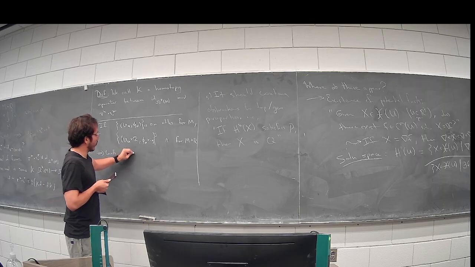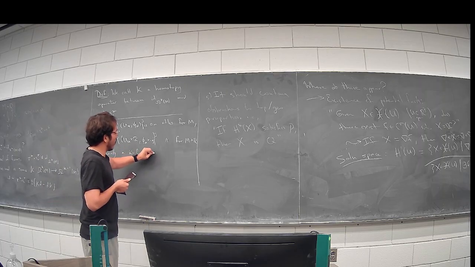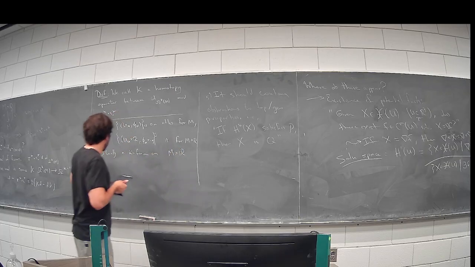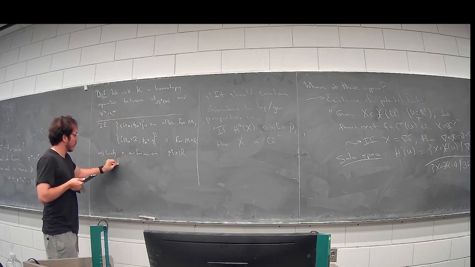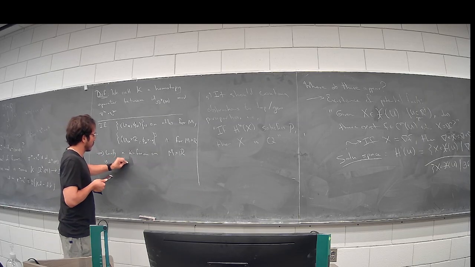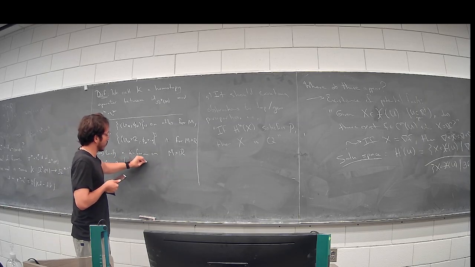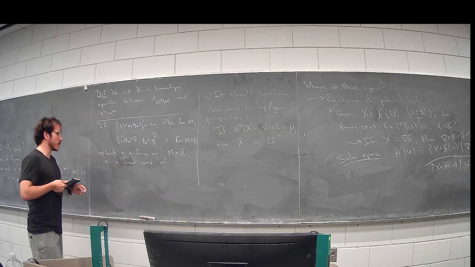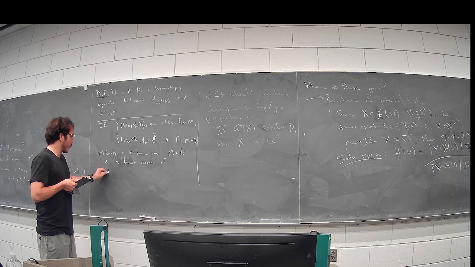a k-form on M cross R is locally an R-linear combination of one of these two forms.